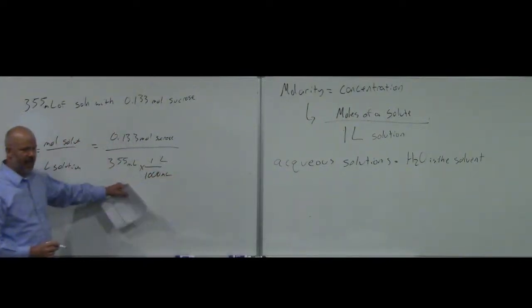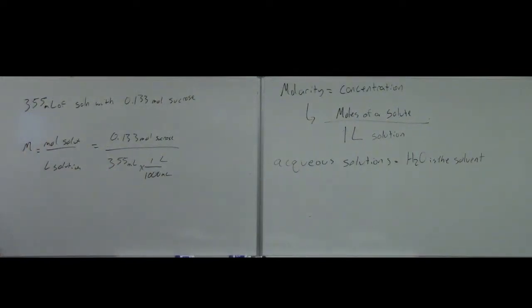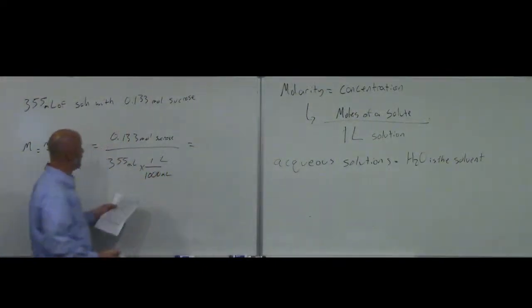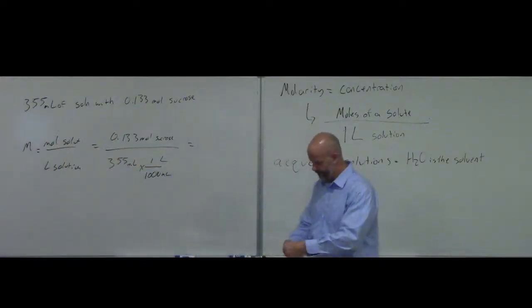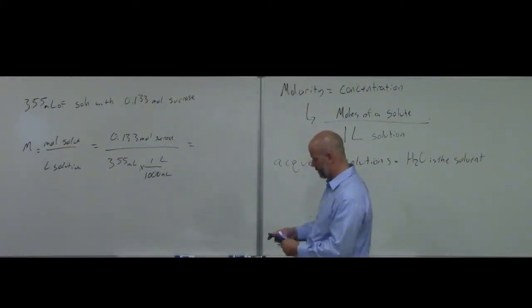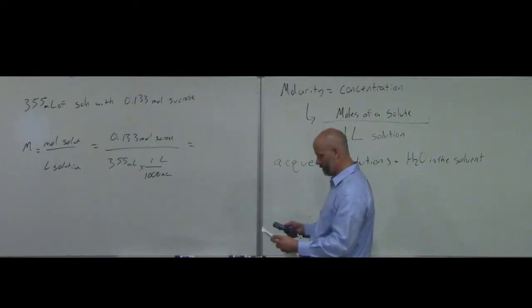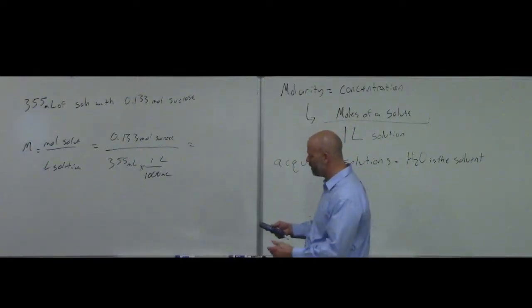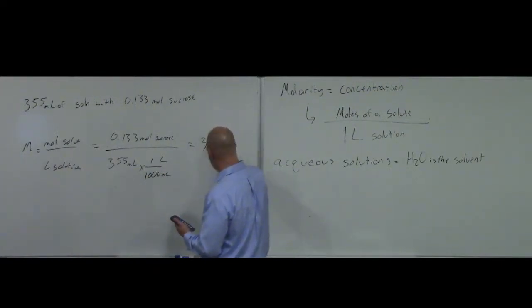I shortchanged that by simply moving my decimal point back and saying it was 0.355, right? Run your calculator, see what answer you get. It's the right answer, which is exactly what I should have had quite a while ago, and we shouldn't be sitting here looking confused.